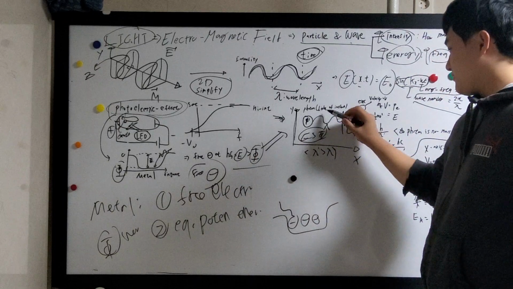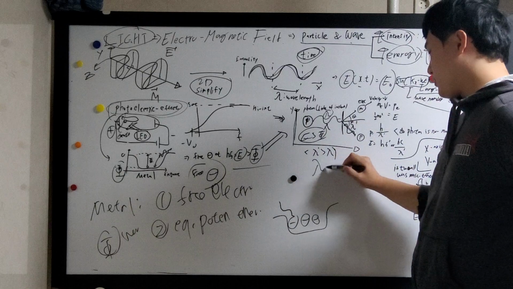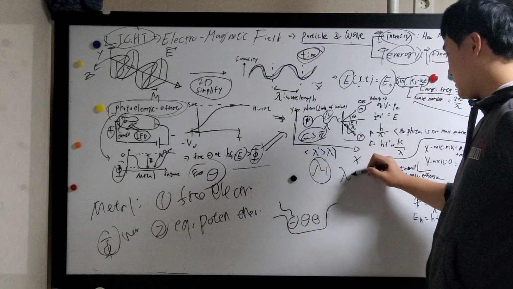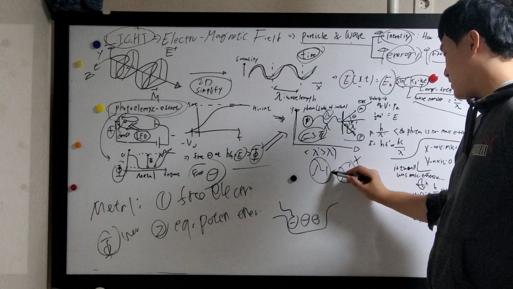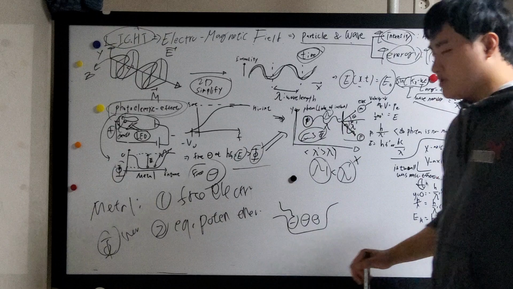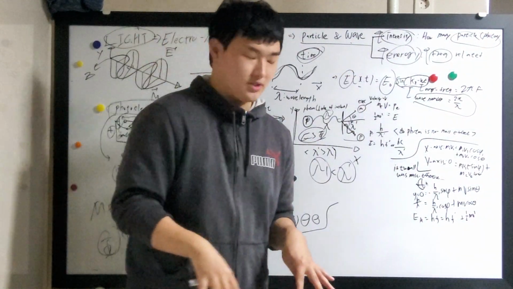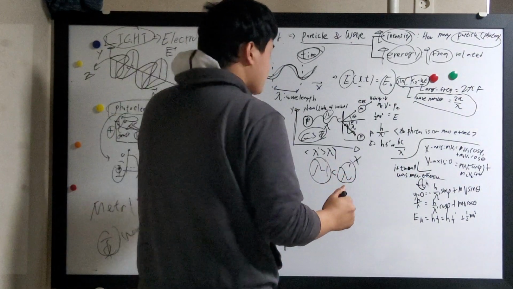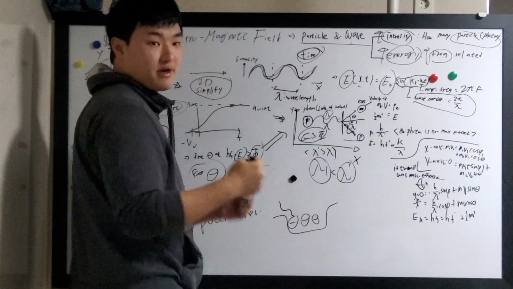So, for the first, the photon has the original wavelength lambda 1, and the secondary photon made has a delta wavelength, which is longer than the original one. So longer wavelength means lower energy. The electron then made will have mass.